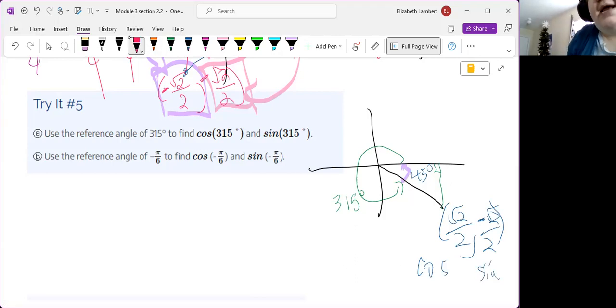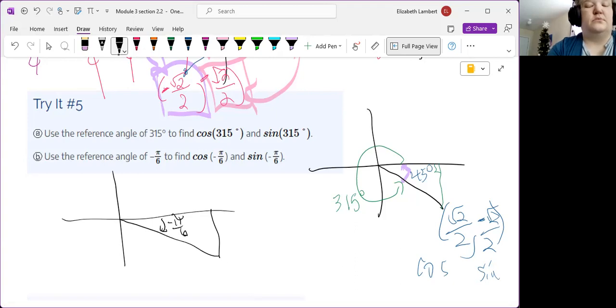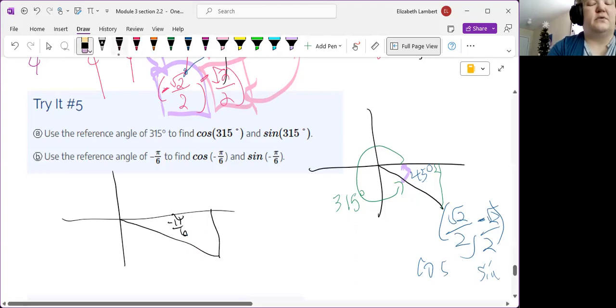The reference angle for negative pi over 6. So remember, negative angles, we start on that positive x-axis, but instead of going up, we go down. Okay. So that is negative pi over 6.